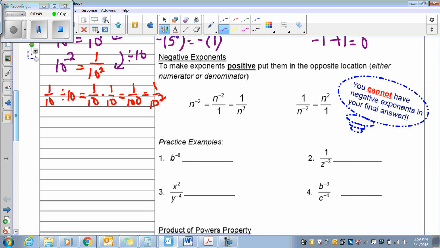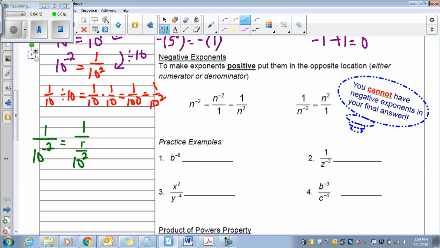Likewise, if you had the exponent in the denominator that's negative, we can do another example. If we have 1 over 10 to the -2nd, we know that 10 to the -2nd is the same thing as 1 over 10 squared. Well, this is called a complex fraction.